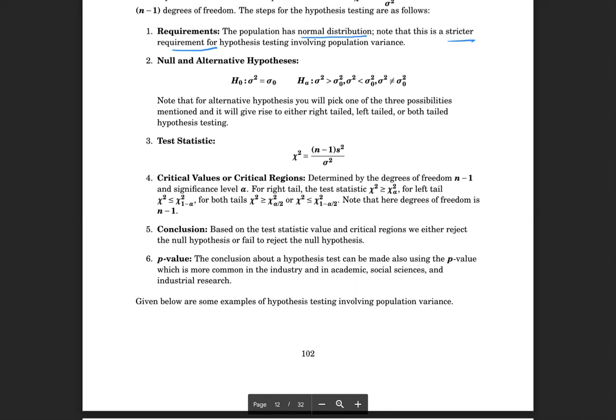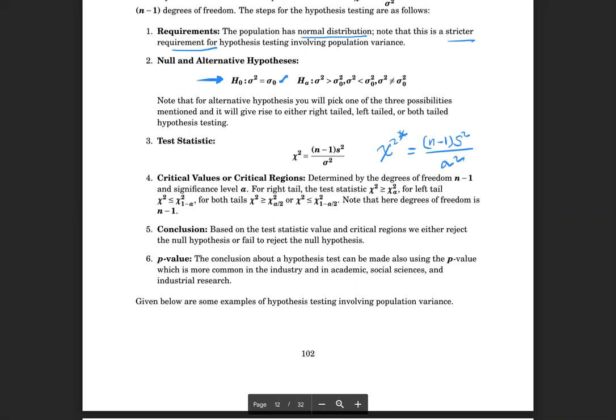Now you're going to do hypothesis testing, null and alternative hypothesis: sigma square is equal to sigma naught, some value, greater than, less than, not equal to. Your test statistic is chi-square, technically chi-square star, which is n minus 1 times s square divided by sigma square.